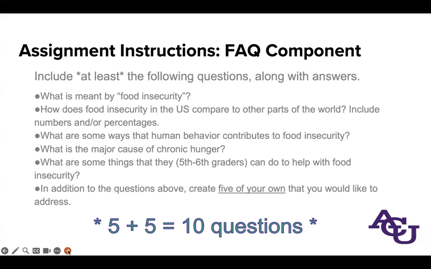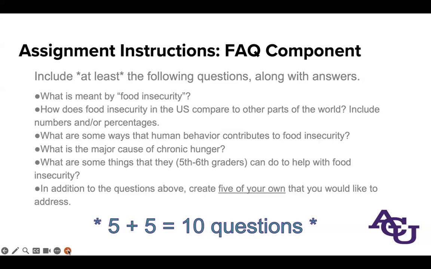So for the FAQs, you have to include at least the following questions, and you've got 6 questions there. So first, what is meant by food insecurity? That's basic. You have to define what you're talking about. Second, how does food insecurity in the US compare to other parts of the world?